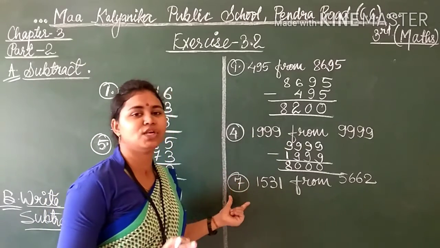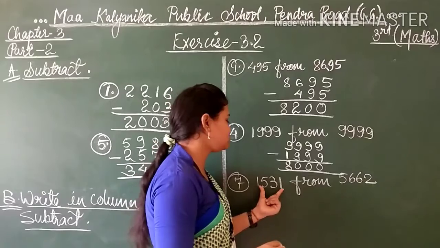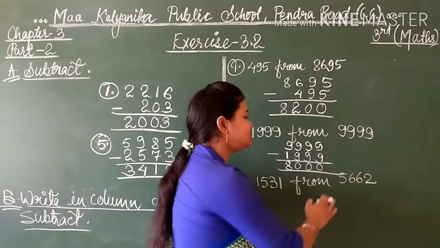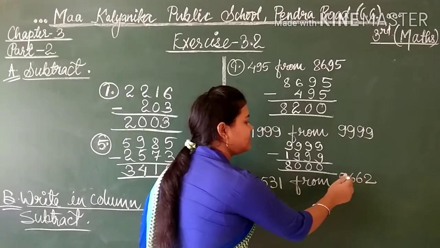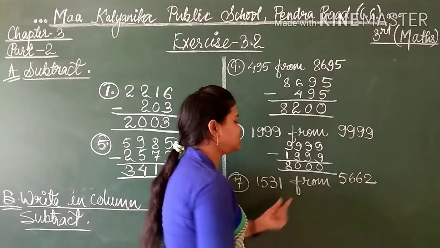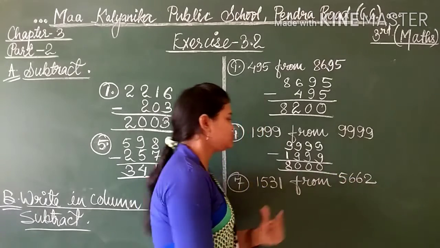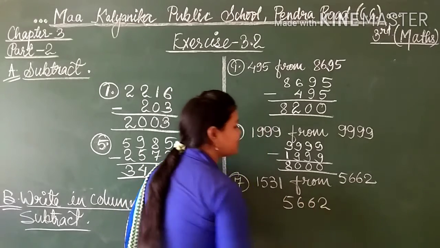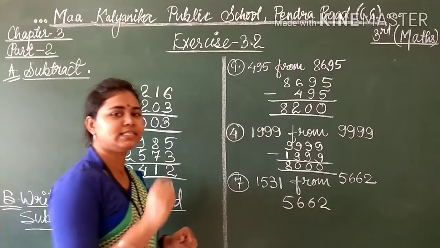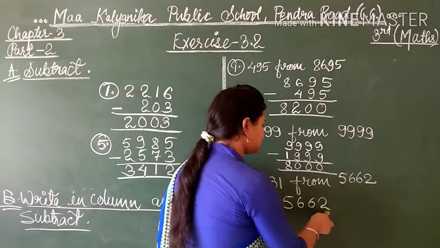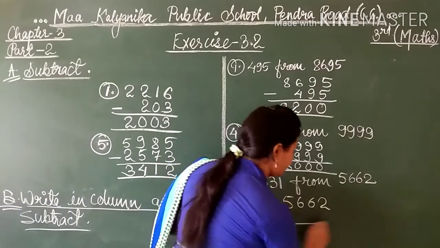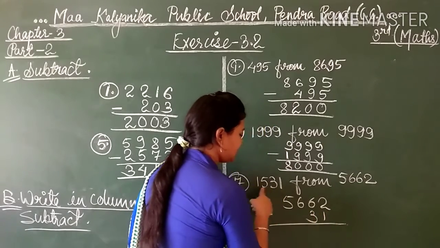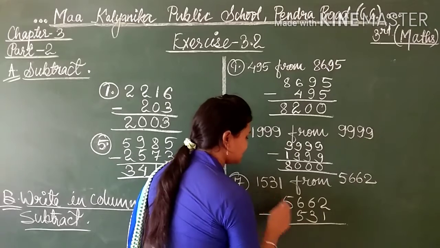Now moving to question number 7. 1531 from 5662. First you have to write that number only, 5662 minus. From the right side again start 1, 3, 5 and then 1.